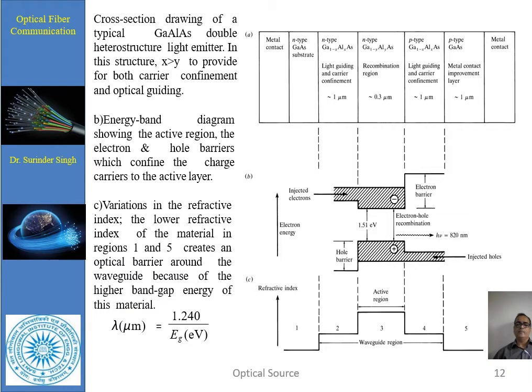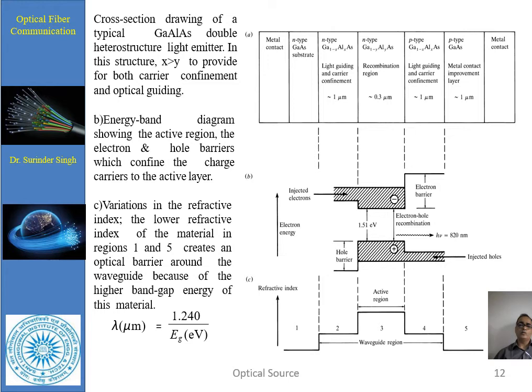If we consider this the refractive index of the outside region, the light guiding and carrier confinement layers have a slightly higher refractive index as compared to the outside, and where the recombination takes place, the highest refractive index is chosen. The refractive index diagram is represented here, and the electron energy goes on increasing; both carrier as well as optical confinement has to be done.